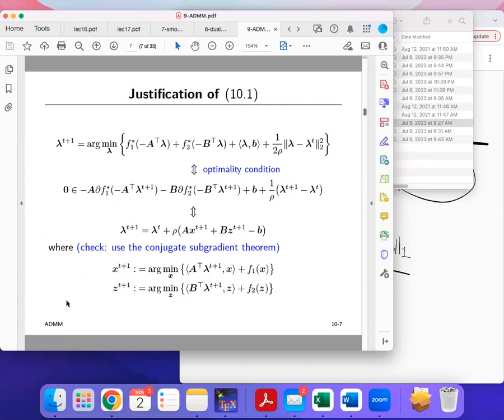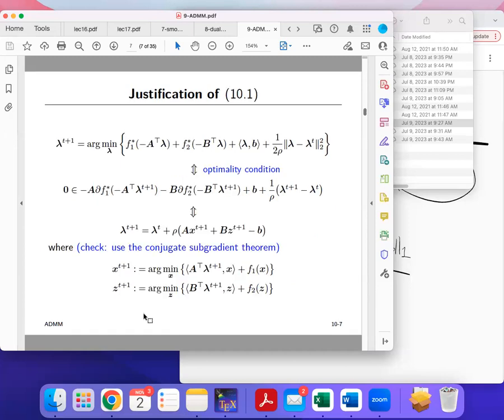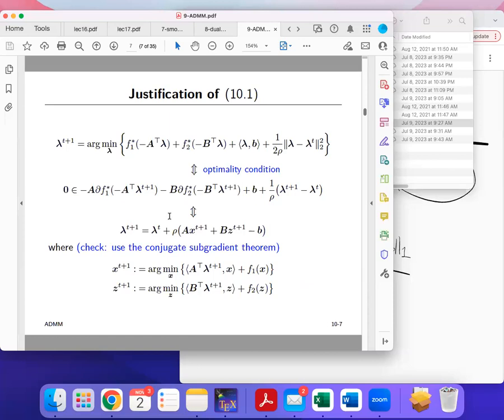And this part is the proof for showing the equivalence of these two. The proximal point applied to the dual updates can be rewritten into these two update steps. I think we have seen something similar before. Basically, you just follow the definition of the conjugate function. We can briefly look at the logic.